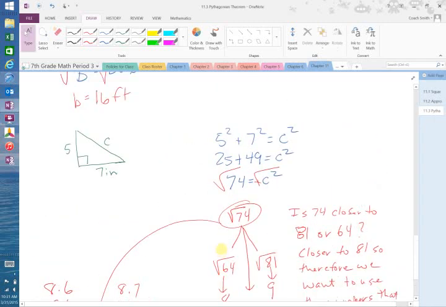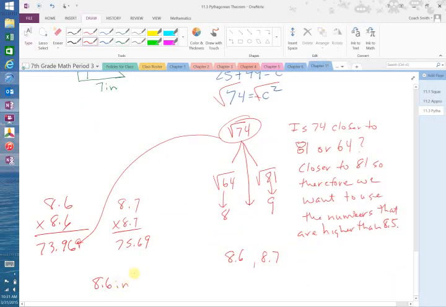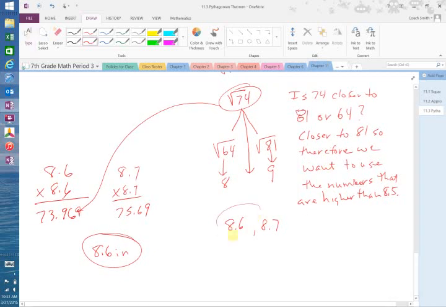We were at centimeters or inches? Inches. Okay. So we're at 8.6 inches. Celine? No, we got 8.6 by estimating that it's going to be 8.6 to 8.7.